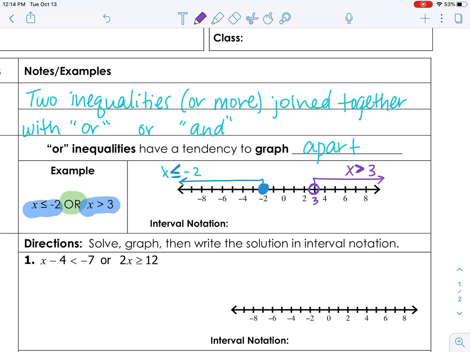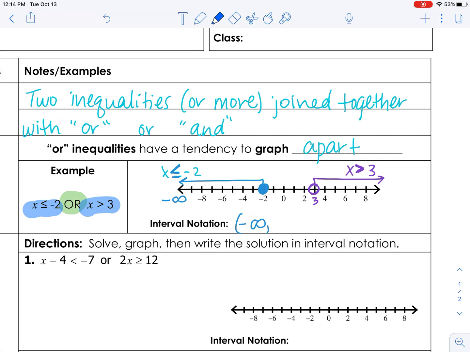From here, we want to talk about interval notation for this. Just like we did in the previous lesson, we're going to go from left to right. I start over here on the left. The first thing I have on the left is this arrow that's pointing toward -infinity. So I'm going to write parenthesis, -infinity.